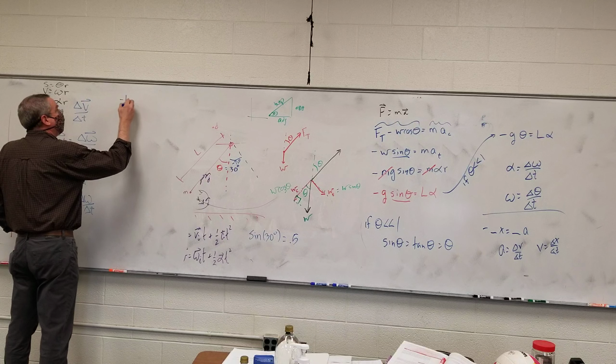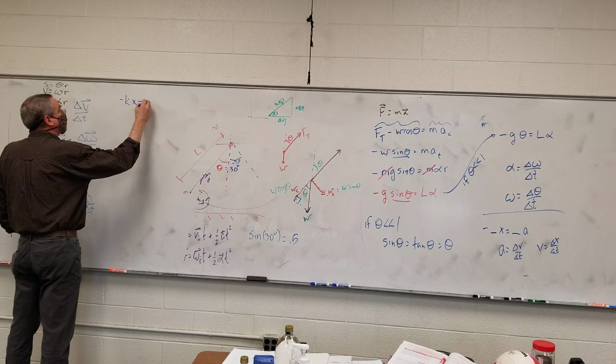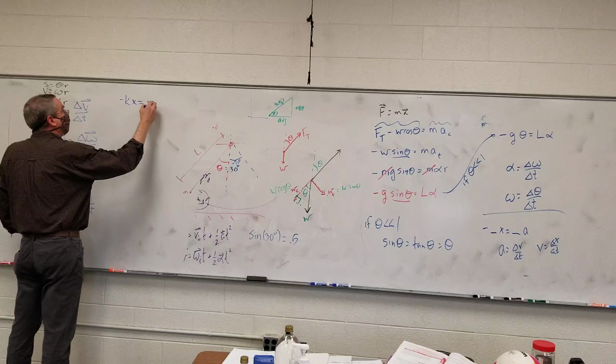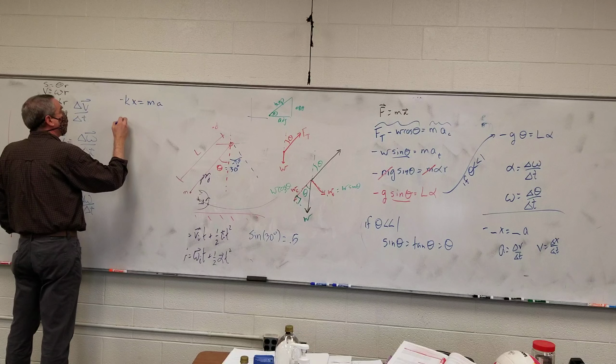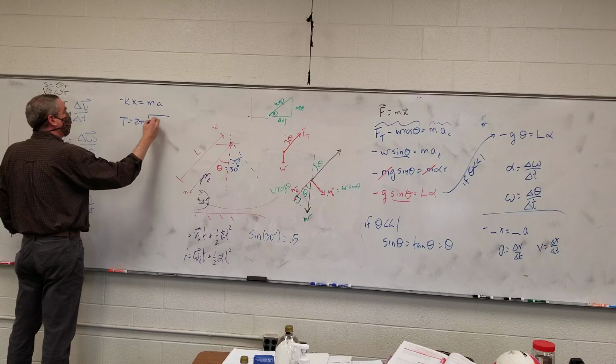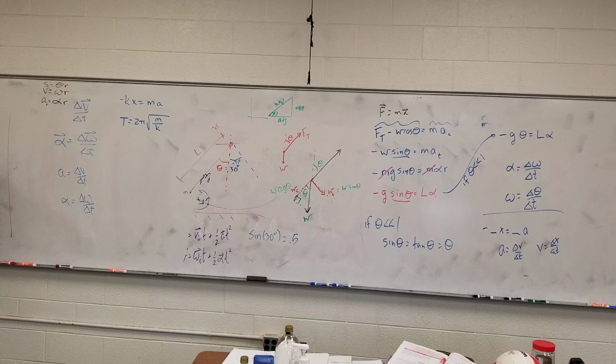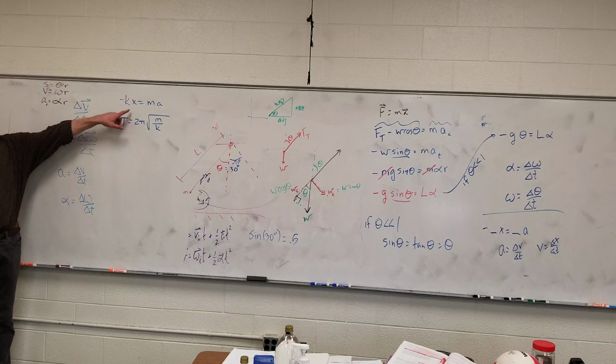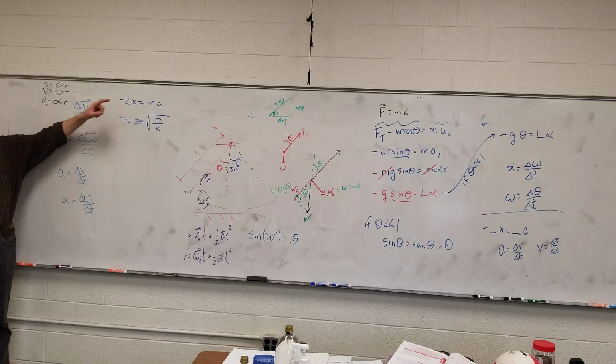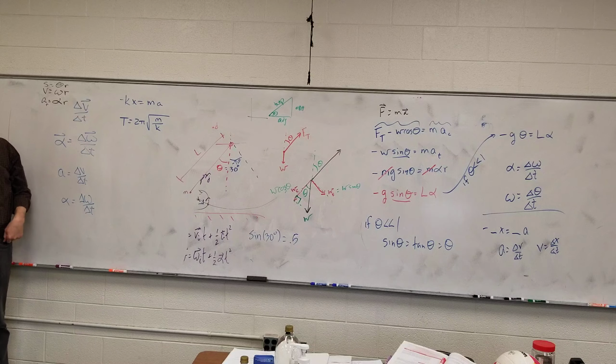So we have negative kx is equal to ma, and the period we've done before was 2 pi square root of m over k. That was the formula that we derived from this starting point. And you can look back at your notes or review the video of how you get from here to here.